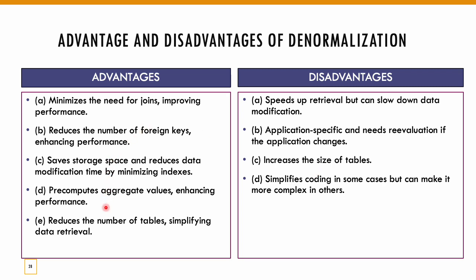And the next advantage of denormalization is precomputed aggregate values, which enhance the performance. By storing the computed values like totals or counts directly in the table, denormalization avoids recalculating these values on the fly, leading to faster query responses, especially for reporting purposes.